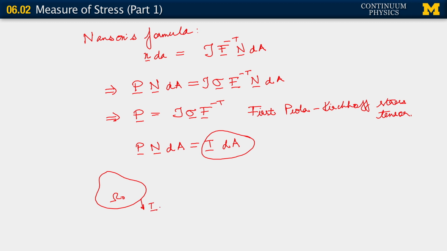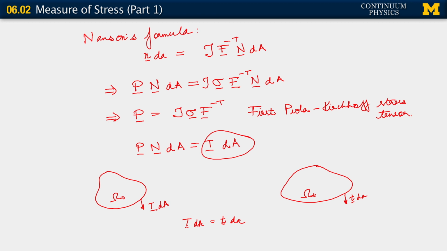This t dA is the same between the reference configuration and the current configuration. Both of those are equal. So we have t dA equals little t da.